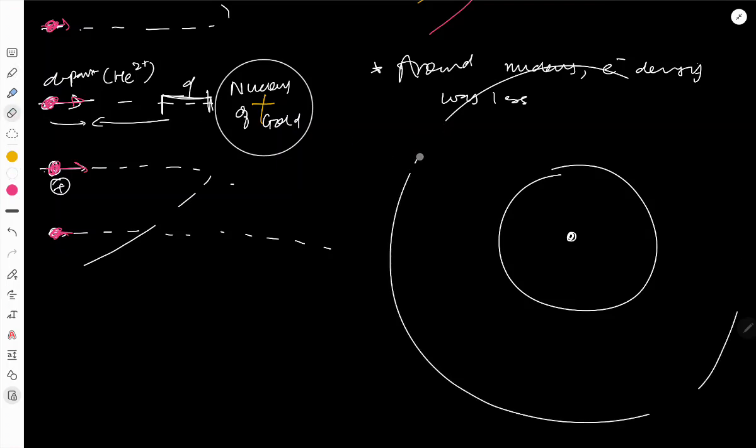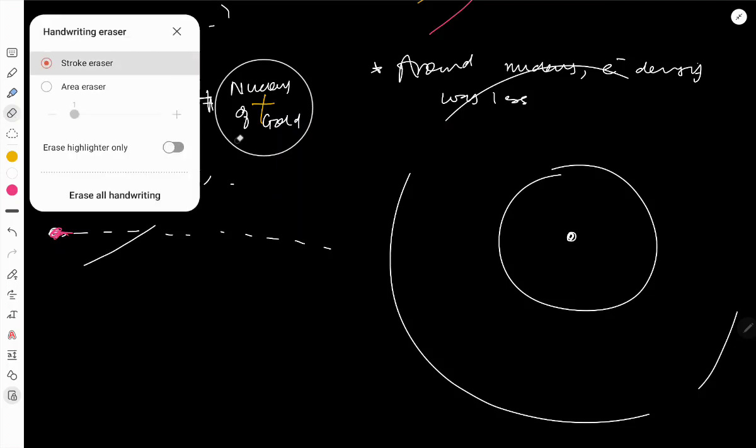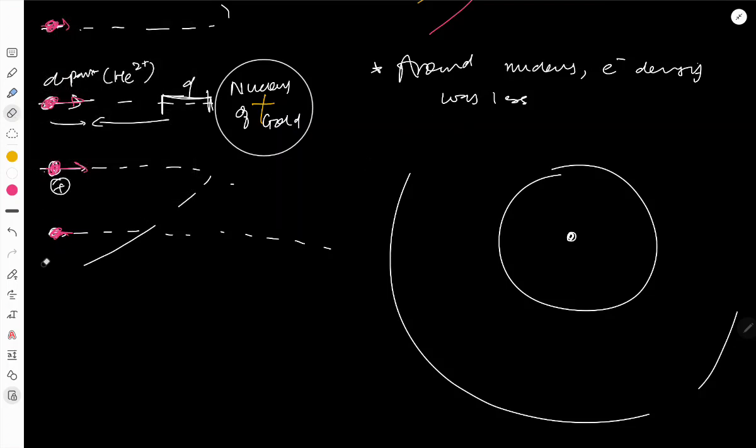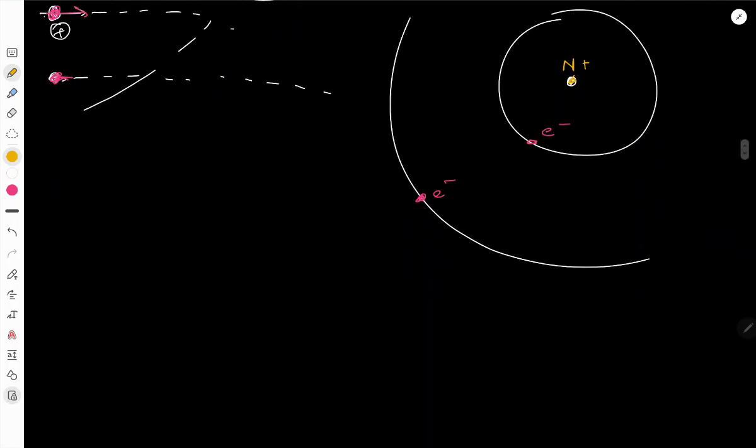Somewhat like that. Let me represent these electrons. This is the nucleus. So there is a vacant space in a particular atom.